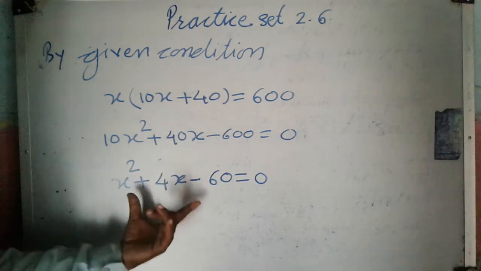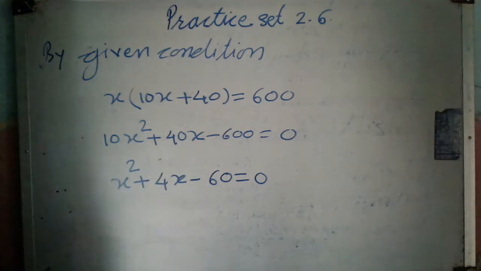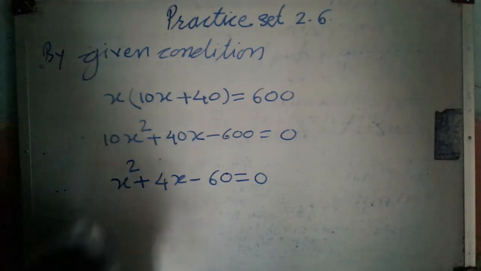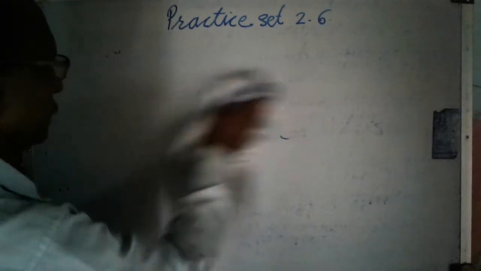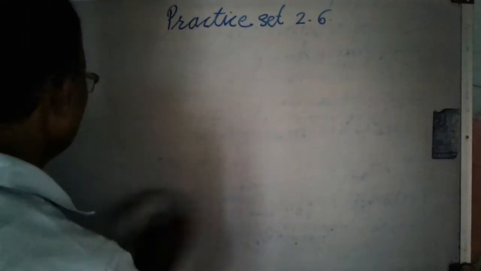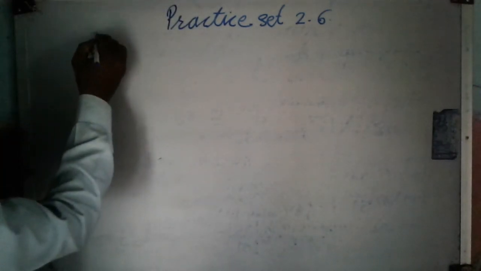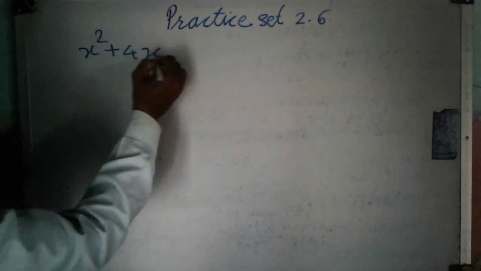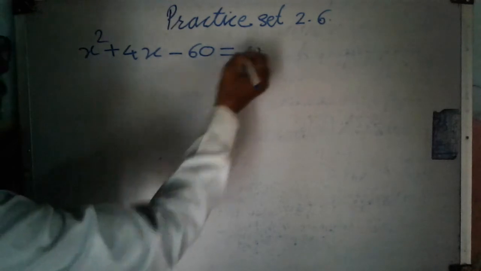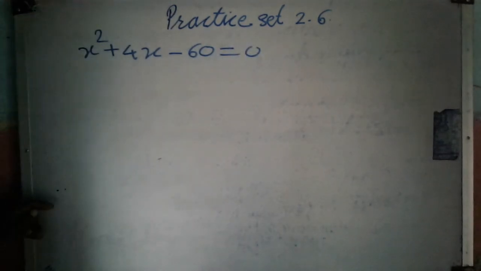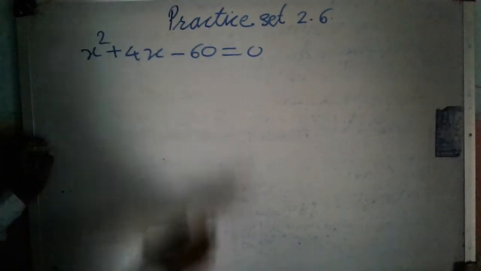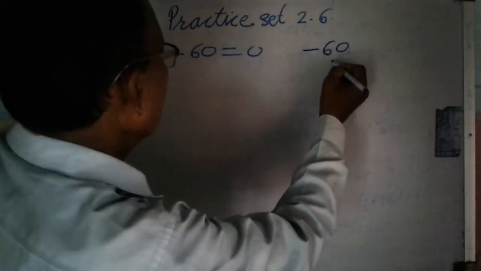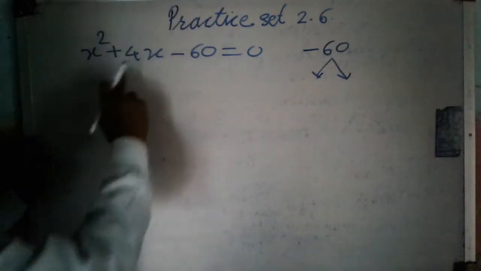Now we will solve this quadratic equation, x square plus 4x minus 60 is equal to 0. Here we will use the factorization method. Find the factors of minus 60 such that the sum is 4.